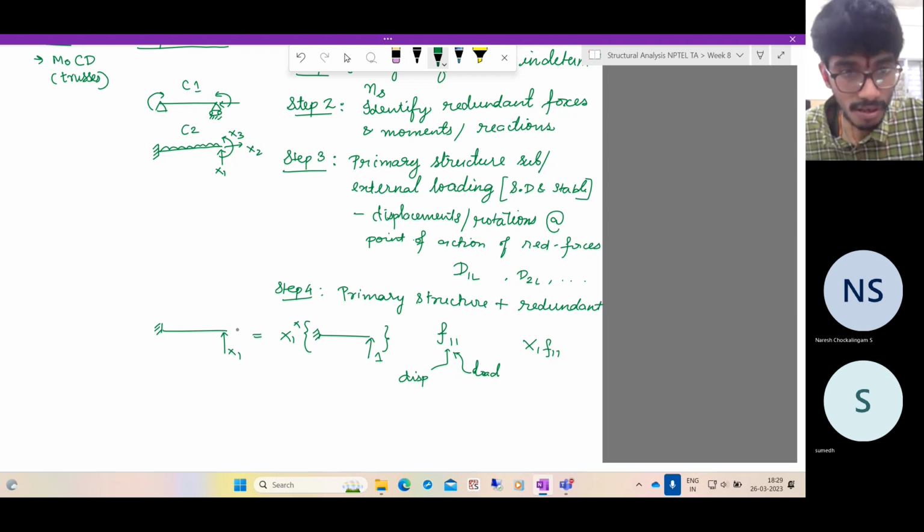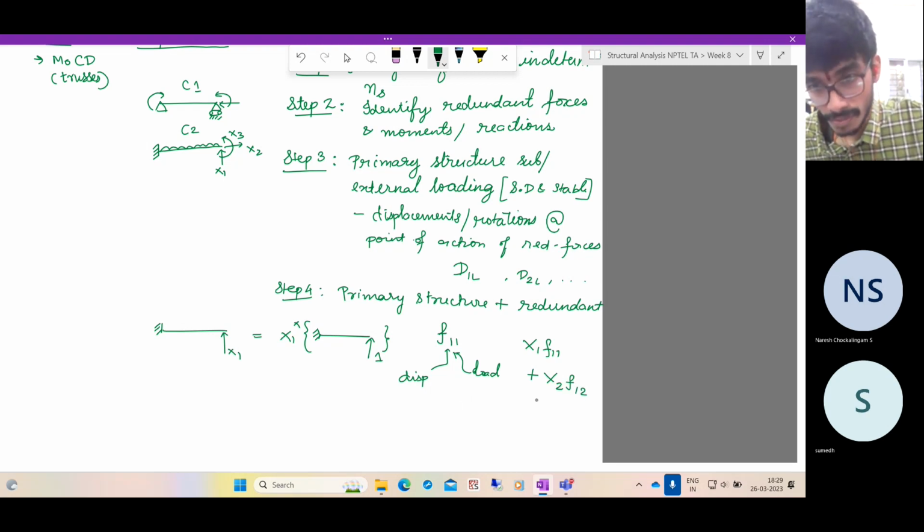But this point will also move due to the action of x2 in the one direction. So you also have plus x2 F12 and so on. You have all these things.